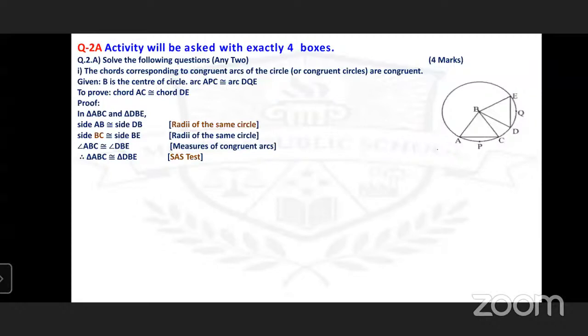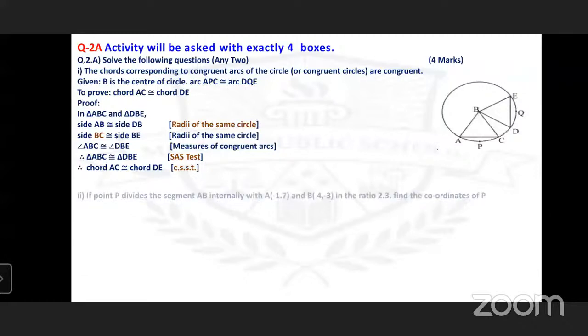That means these 2 triangles are congruent by the SAS test. Okay, so in the third box we write by SAS test. Now therefore, if these 2 triangles are congruent, then chord AC is congruent to chord DE. And in the fourth box we write yes, so chord AC is congruent to chord DE. That is the corresponding congruent side of congruent triangles.